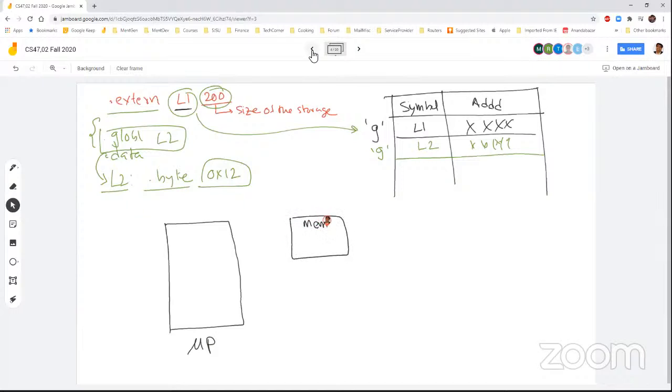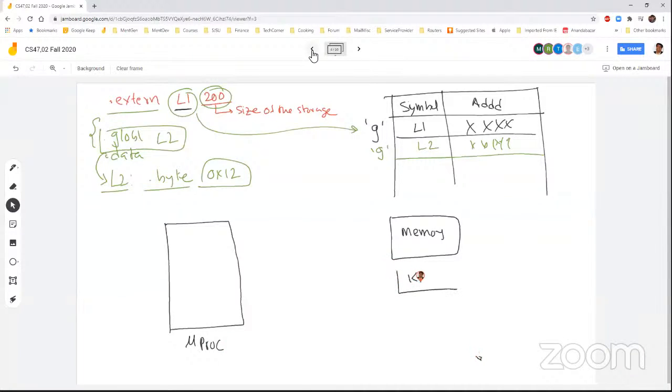So let me say different memory, microprocessor. I'm talking about it physically on the board. Okay, and there are devices like keyboard, like monitor, etc., etc. Right, IO devices.